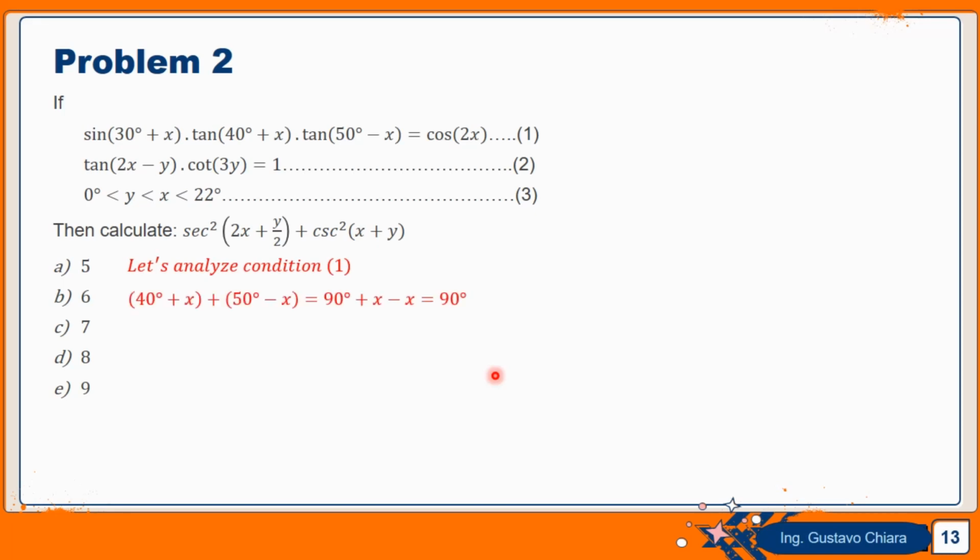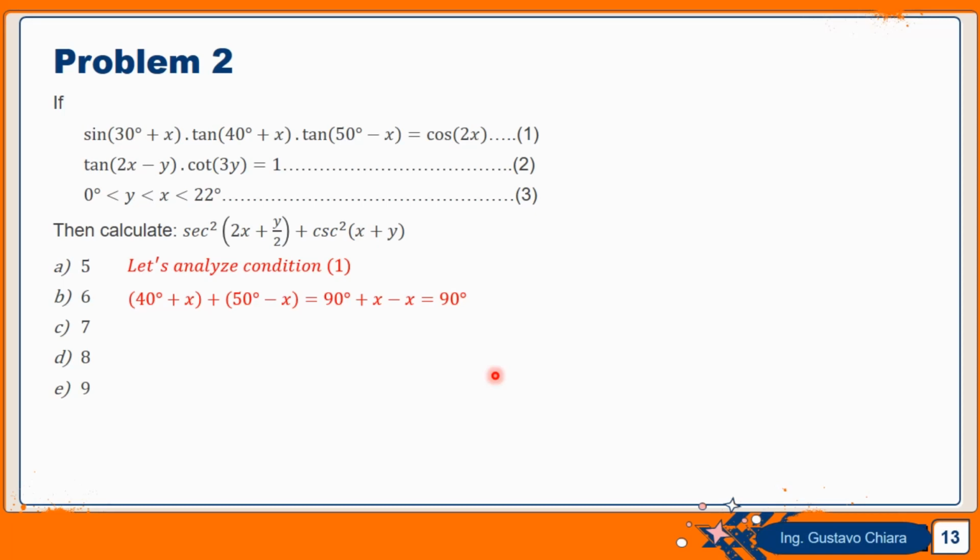In condition number 1, you can see the tangent functions, and the angles have the x, but one is with the positive sign and the other one is with the negative sign.